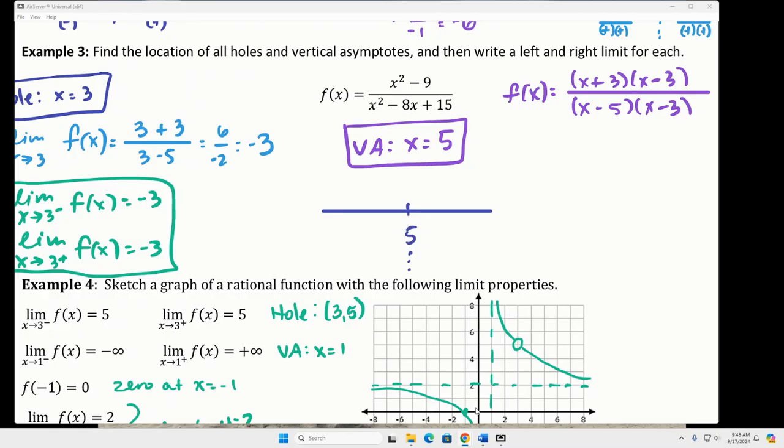And on a vertical asymptote, from the left or right, you're either going to approach infinity or negative infinity, because that's what vertical asymptotes do. And so to decide if it's positive or negative infinity, we're just plugging in numbers that are really close to 5, but on the left and the right of it.